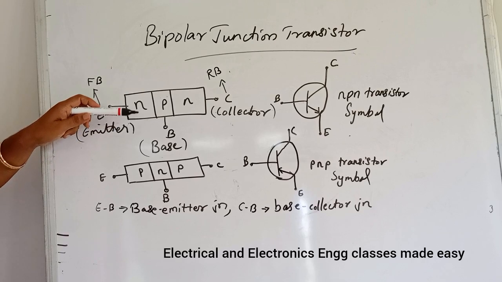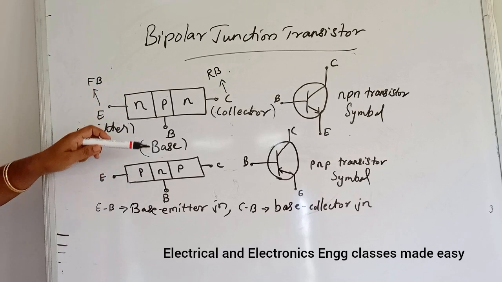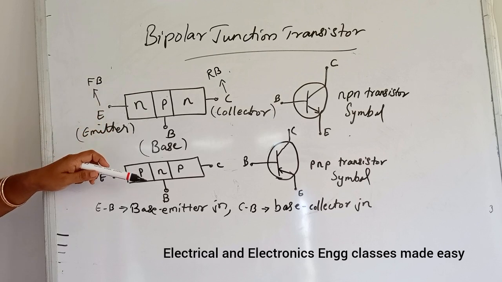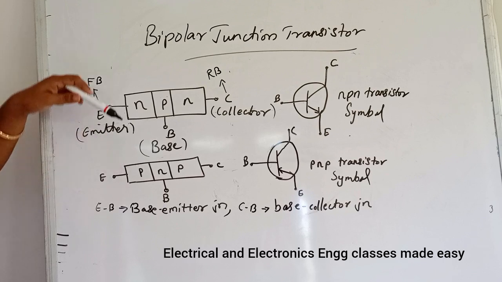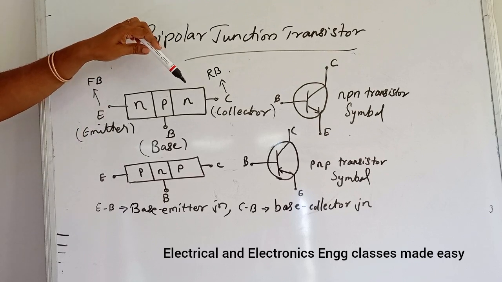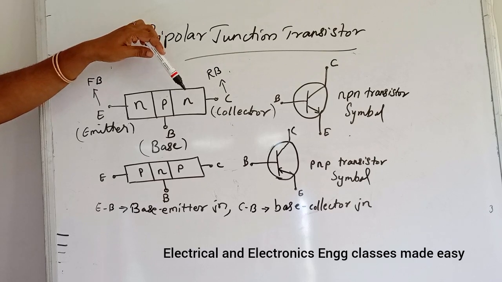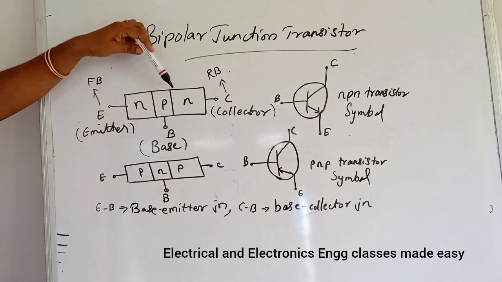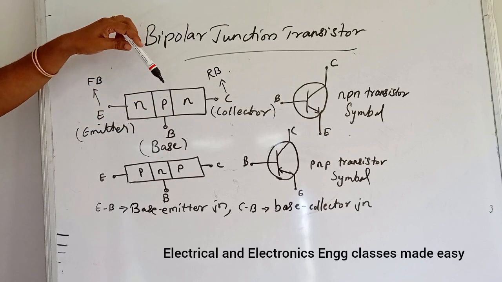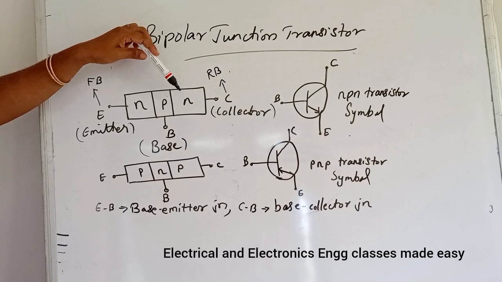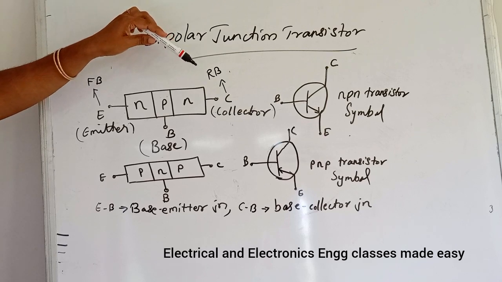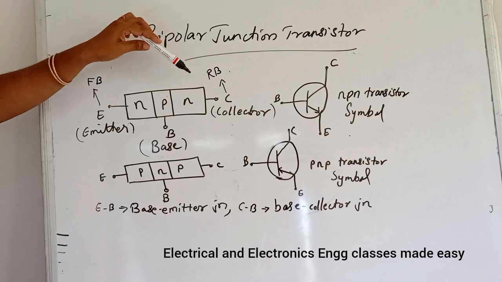The narrow central region of the transistor is called base. The thickness of this region is very thin and is very lightly doped. Next is collector. The right hand region of the transistor is called collector and it is moderately doped. The collector region is always reverse biased with respect to the base.